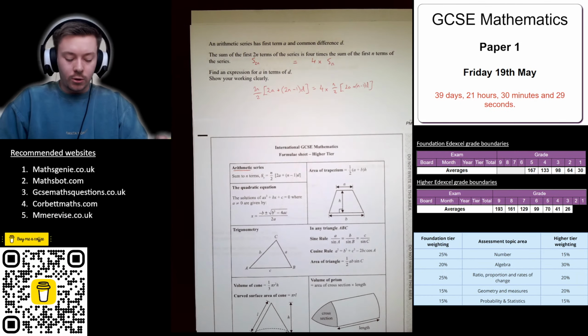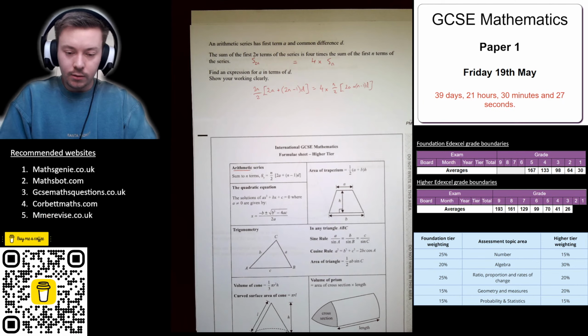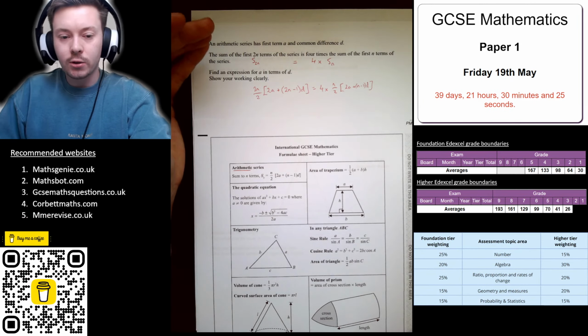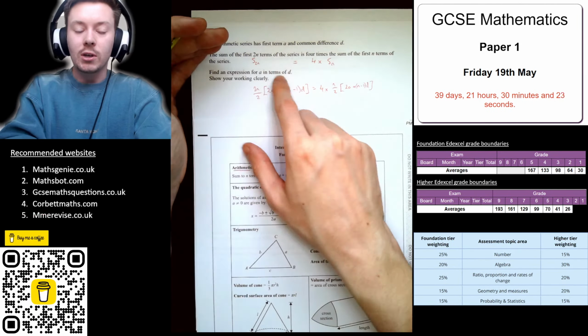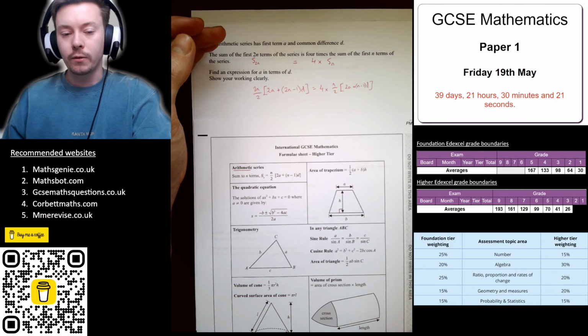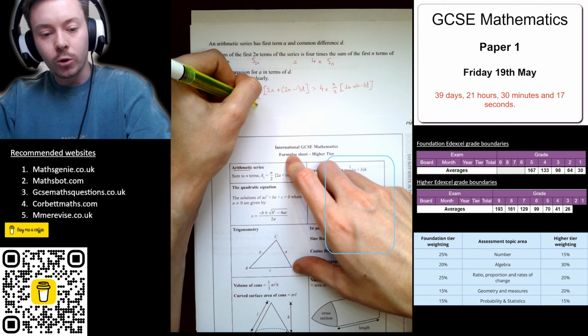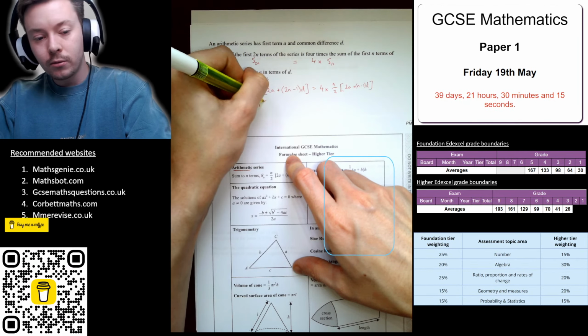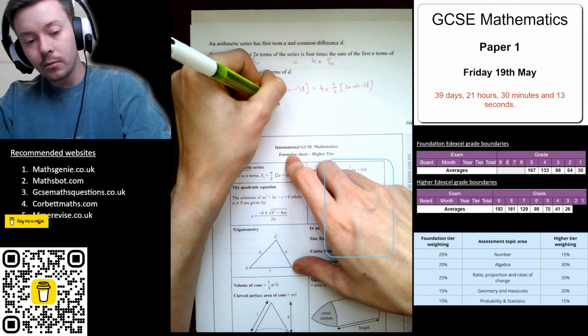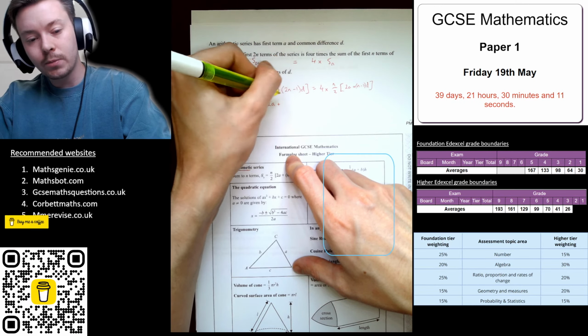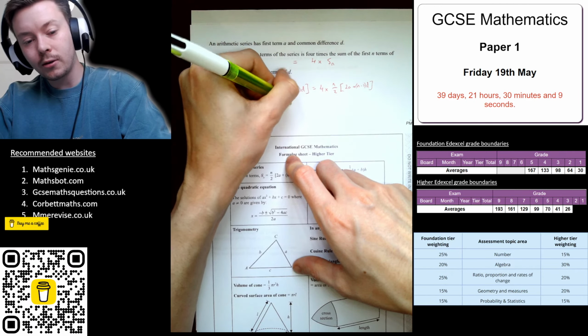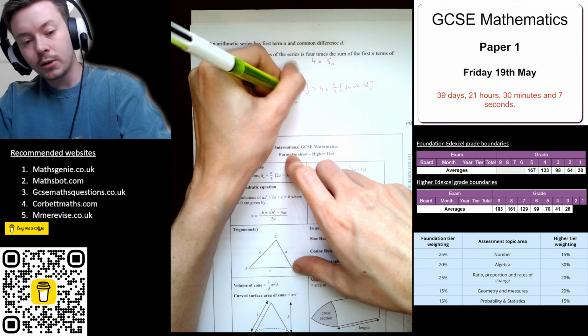Now all I need to do is expand that out and rearrange it, so I get a is equal to some function of d. So 2n over 2 is going to give me n, bracket 2a plus, now I can expand this out, 2nd minus d.